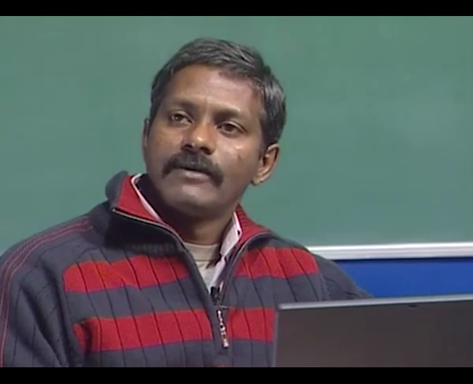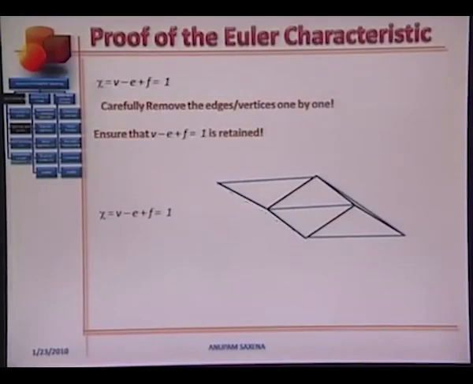Please follow this carefully now. Remove an edge, still retain all triangles. Remove an edge, still I have all triangles. Remove a vertex and two edges. Remove a vertex and two edges. And remove a vertex and two edges again.